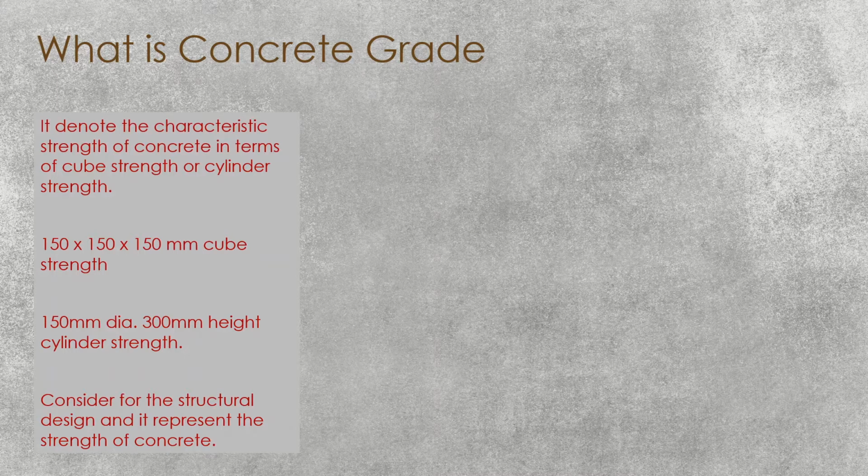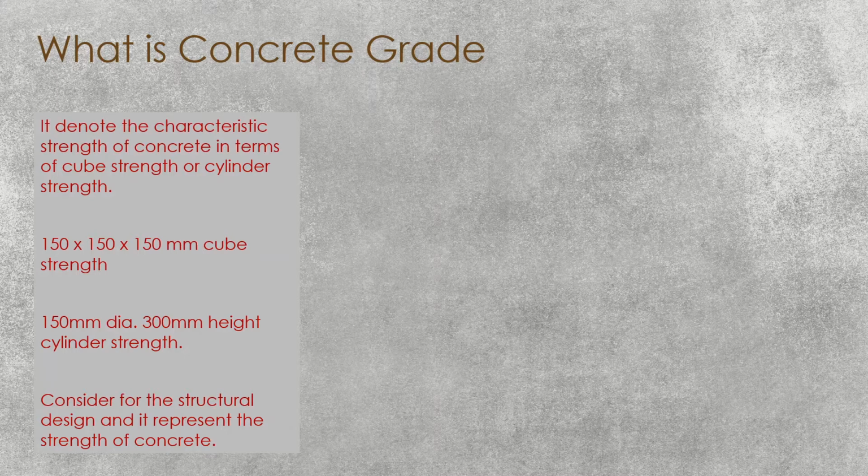For cylinders, similarly, a cylinder of 150 millimeter diameter will be used. This we also cast like normal concrete. When you bring the concrete to the site, you take a sample and cast the cubes or cylinders, then you test them at 28 days.